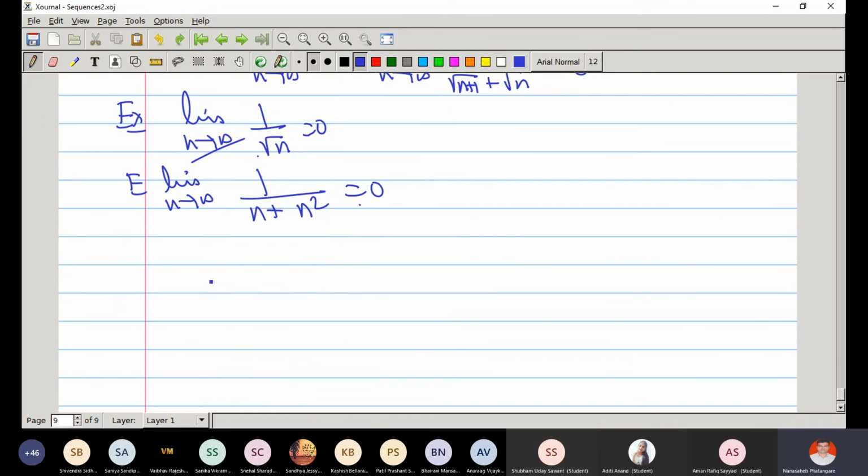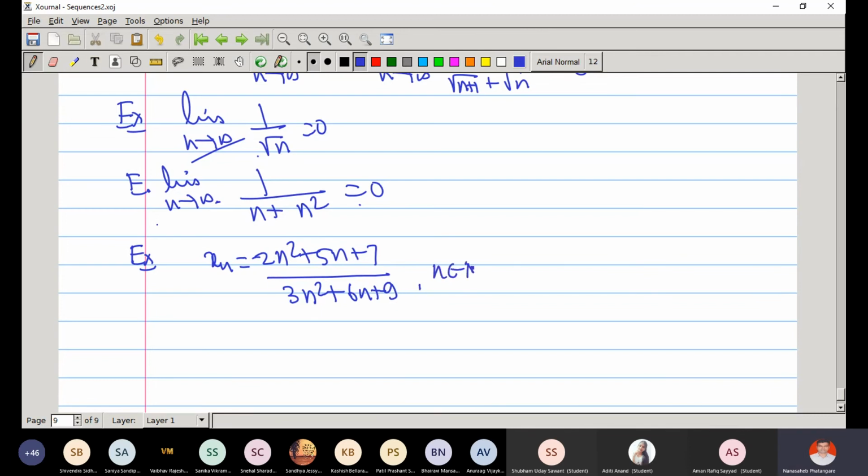Right. So what we use here basically is to simplify the terms. Okay, now look at this sequence. xn is equal to 2n square plus 5n plus 7 divided by 3n square plus 6n plus 9.